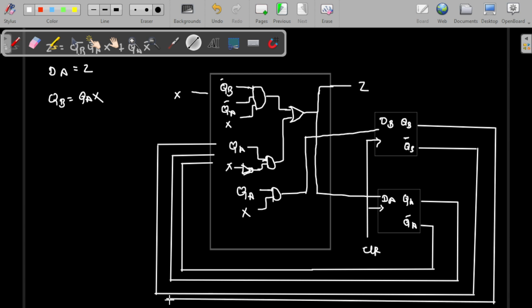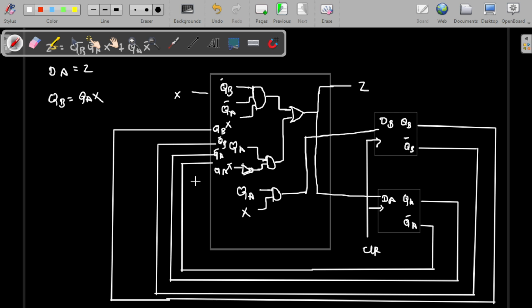So I hope you guys now have some idea how we can design a Mealy machine. So this is QB, this is QB bar, this is QA bar, this is QA. I made a mistake here. So this is QA, this is QA bar. Okay. So this is how a Mealy state machine can be built.